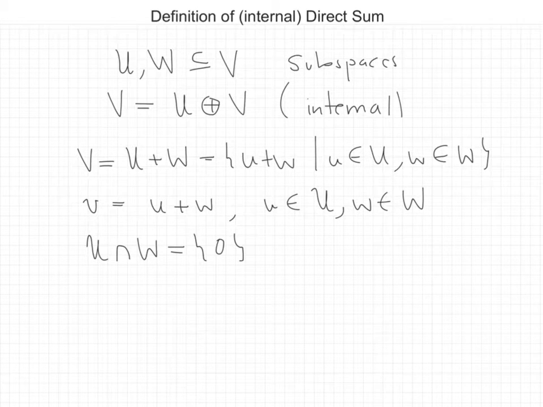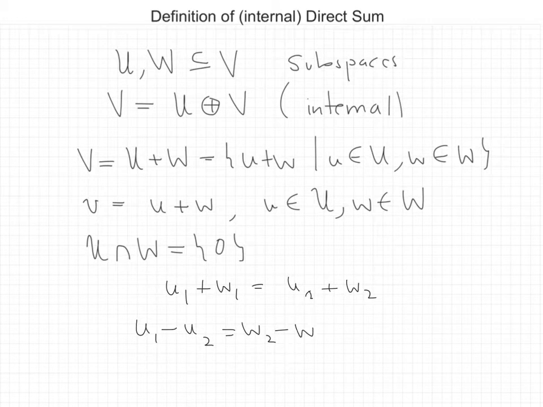Namely, if I can write a vector in the form u1 plus w1 and also in the form u2 plus w2, where the two u's are in U and the two w's are in W, then of course we can write u1 minus u2 is equal to w2 minus w1.